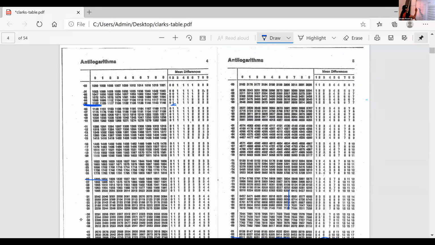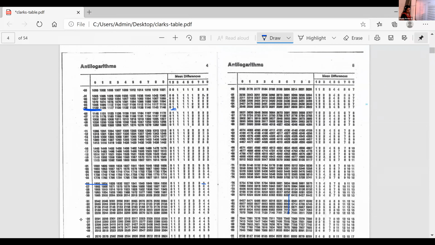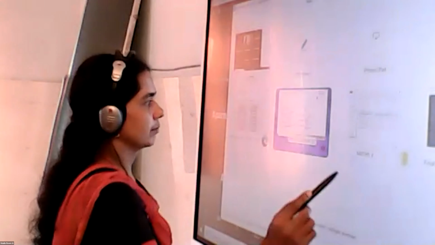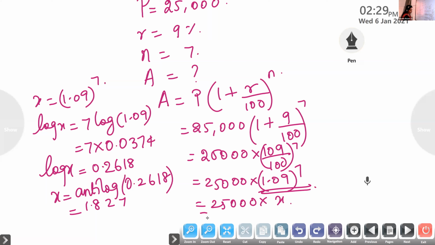So 1824 plus 3, you'll get 1827, isn't it? Is it 1827? So it is 1827, so 1.827. Then multiply it here, 25,000 into 1.827. Multiply it, you will get the answer.